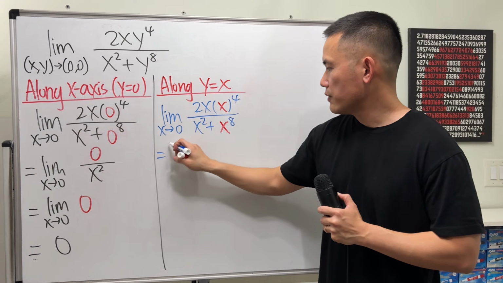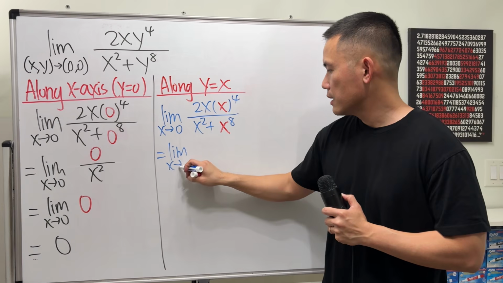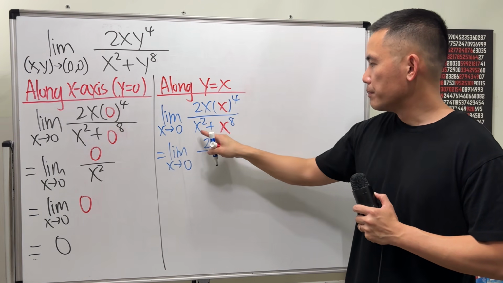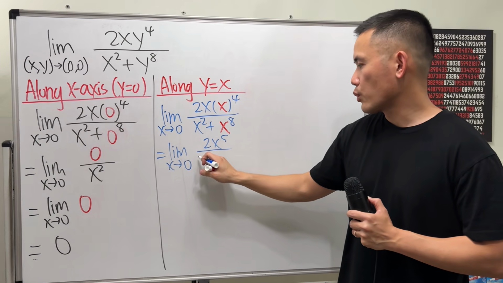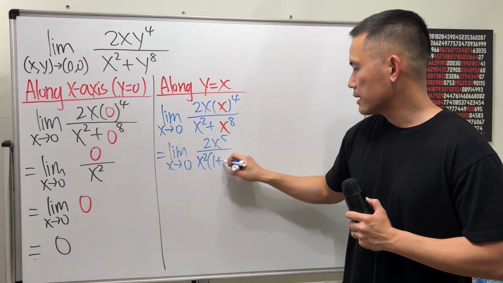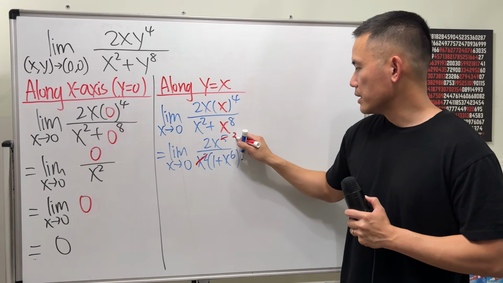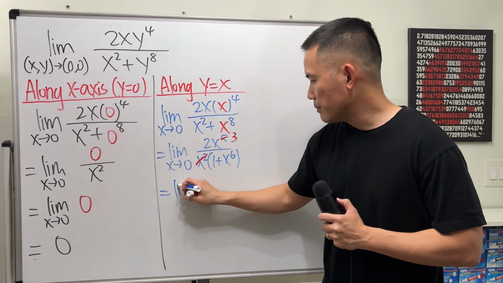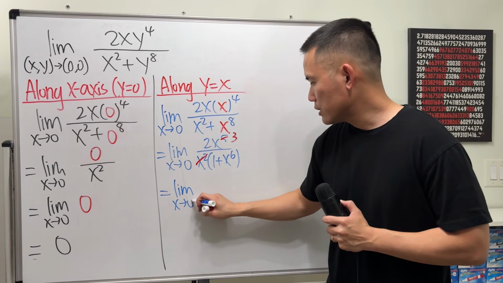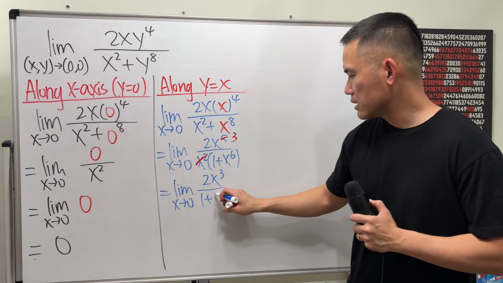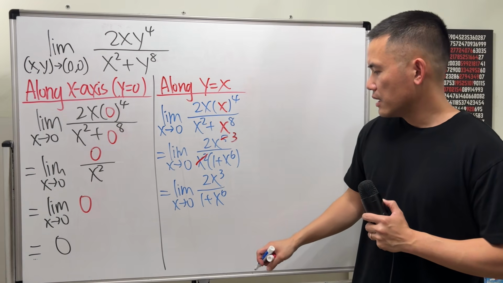Okay, and then we can simplify this a little bit. The top is 2x to the 5th, and the bottom we can factor out x squared, giving 1 plus x to the 6th. And we can reduce this a little bit. That's going to be the third power. So it's the limit as x approaches 0 of 2x to the third power over 1 plus x to the 6th.